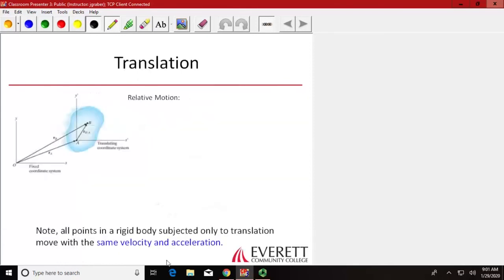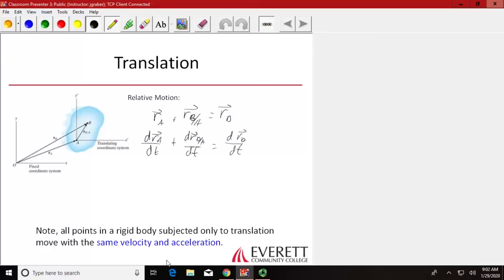So what that tells us is in our equation, the position of A plus the position of B with respect to A equals the position of B. When I take the derivative of that, I end up with dRA/dt plus d position of B with respect to A/dt is equal to d position of B/dt.